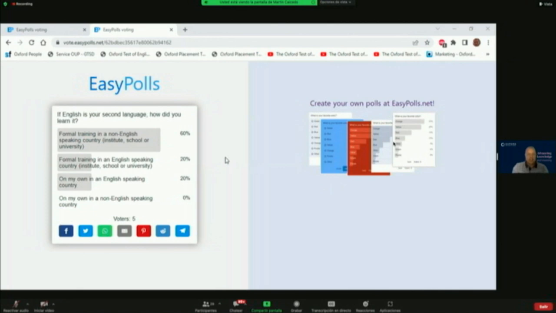So we're seeing that 60% of the participants come from formal training in a non-English speaking country, like an institute, school, or university. Formal training in an English speaking country, people who have gone to the States or England or Canada or any English speaking country and took courses there.